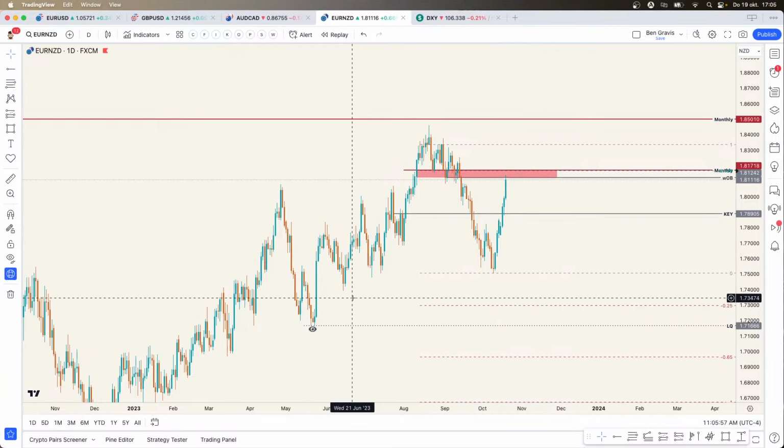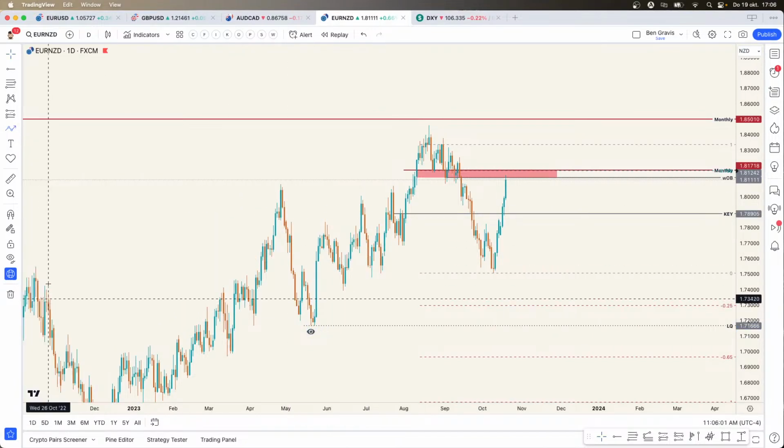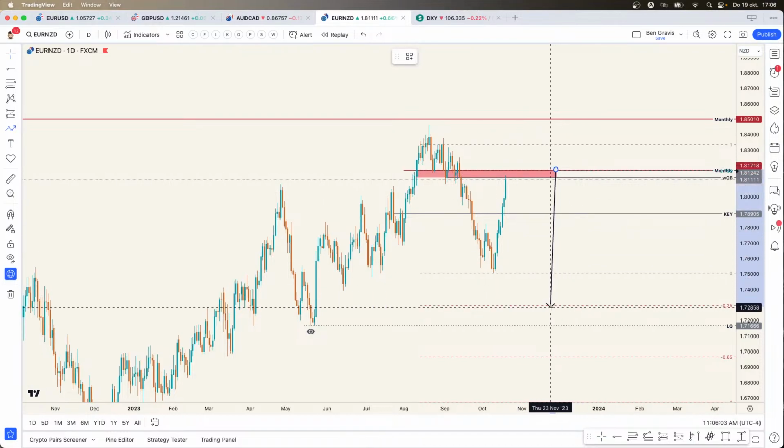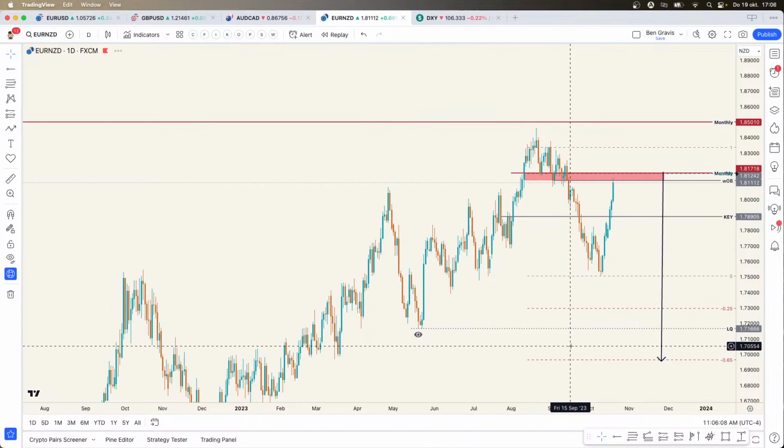All the way back towards this eye over here. I really like this setup. And maybe even towards this 65, so I will share this one.